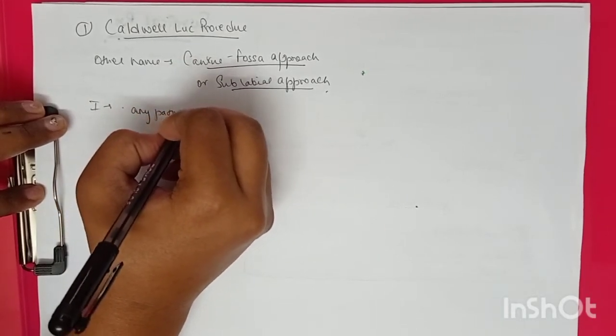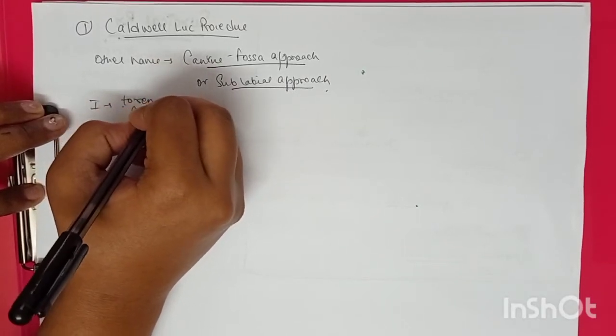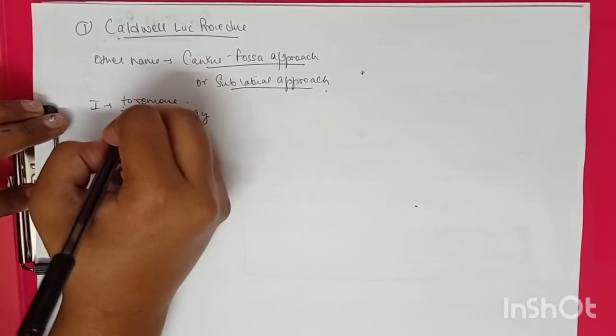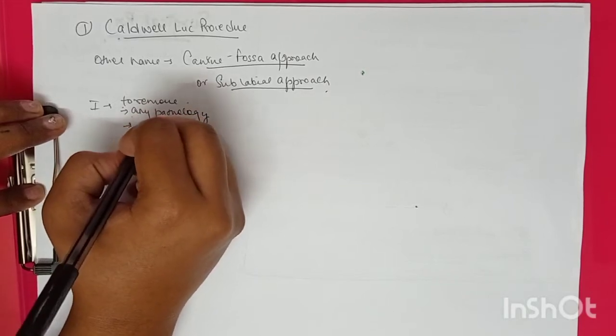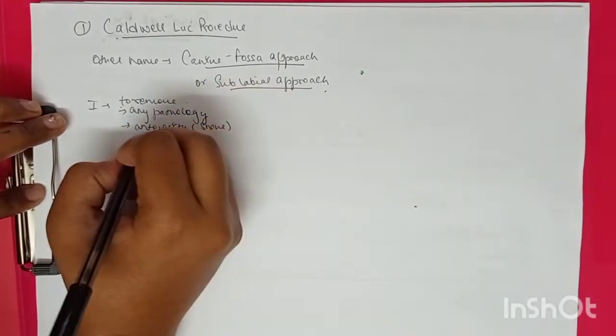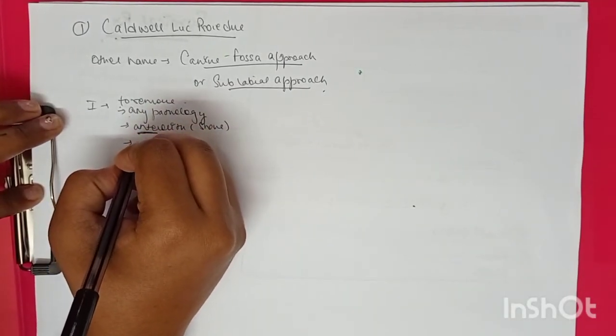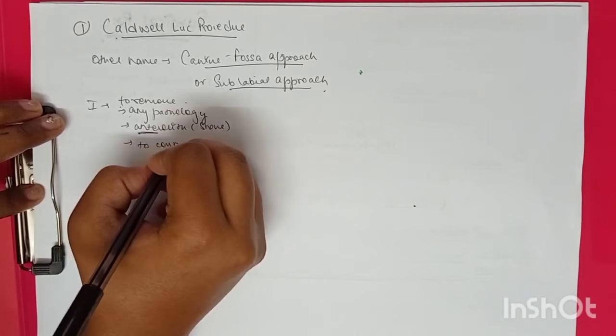to remove any pathology, to remove any antrolith. What is an antrolith? That means a stone which is found in the maxillary sinus. Then to control the bleeding within the sinus.